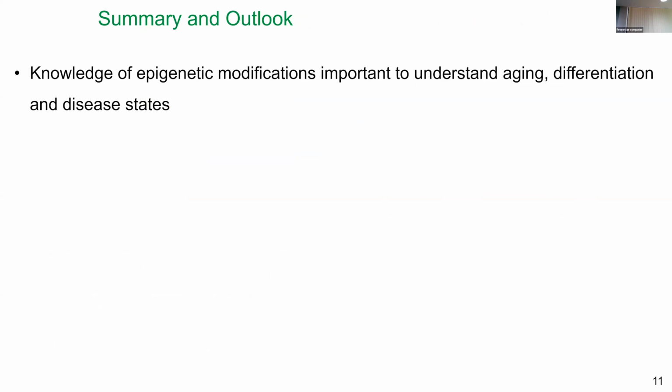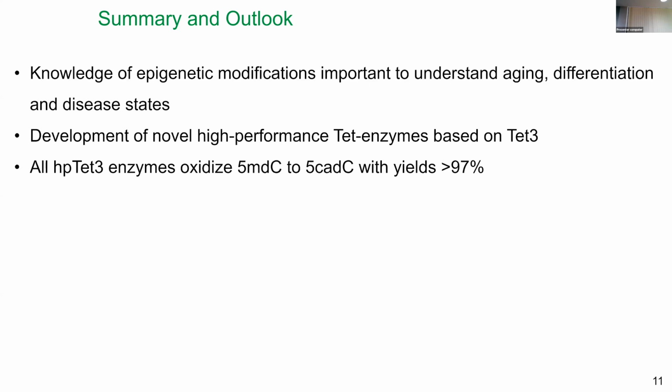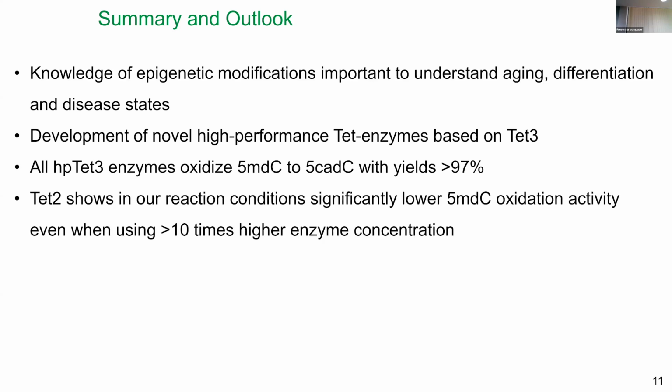To sum up, knowing where and when particular epigenetic modifications are present is really important to understand aging and differentiating disease states. We developed a series of high-performance Tet enzymes based on Tet3, and they all show high activity.